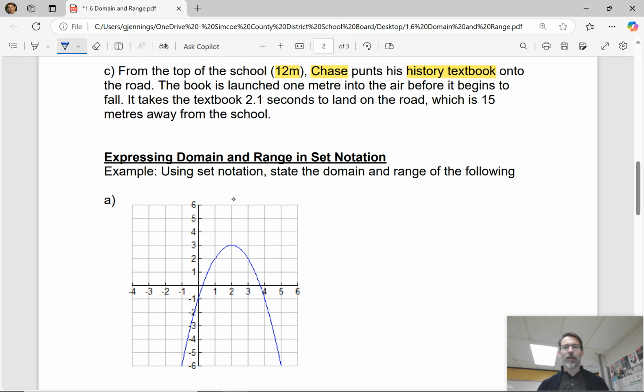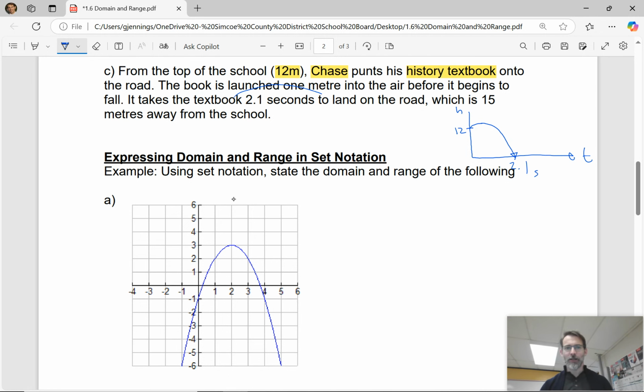So let's create a little graph here. Okay, so there's my, this is my time axis, and this is my height axis. Okay, and here is the height of the school. That's 12 meters. It goes up 1 meter before coming down and landing on the ground at 2.1 seconds.